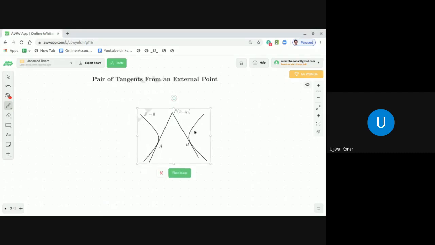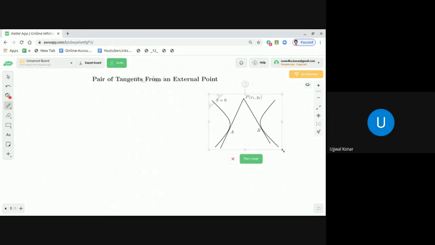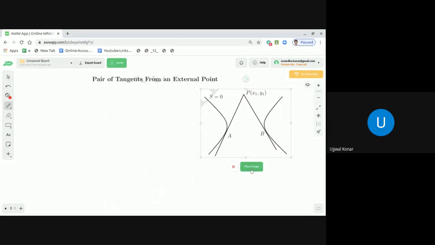If you look into this one, this is a point P with coordinate x1 comma y1, and this is the hyperbola. Okay, this is hyperbola, dear students.